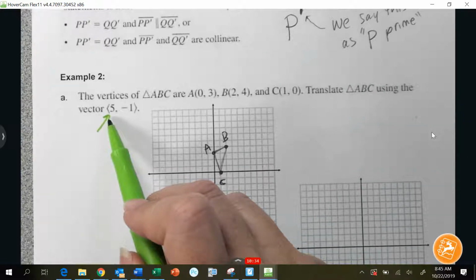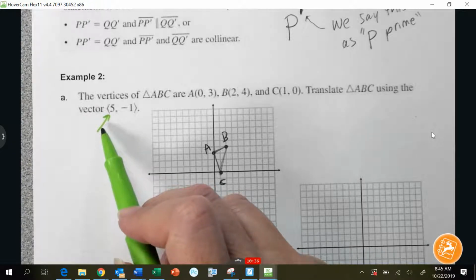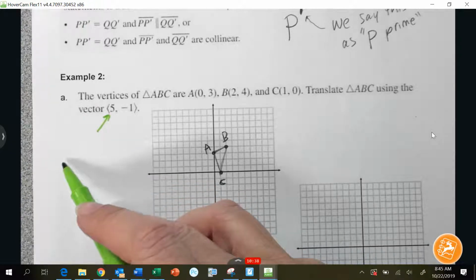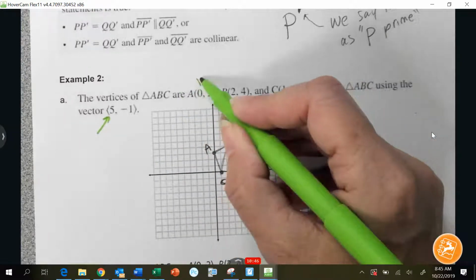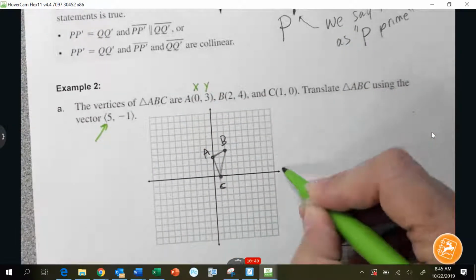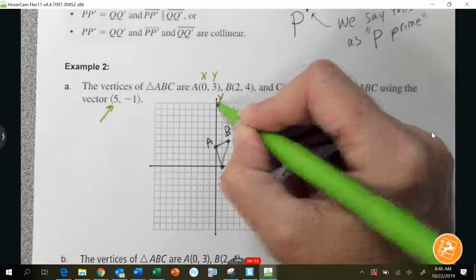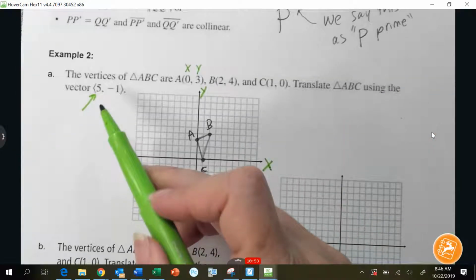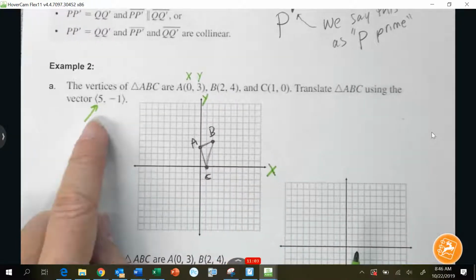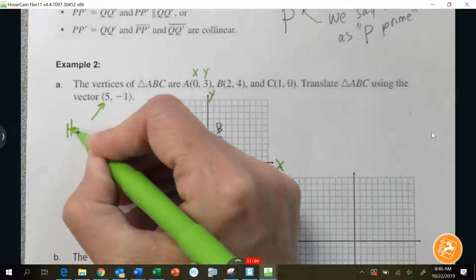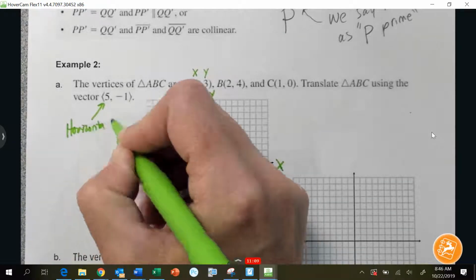Is that horizontal or vertical? You can use intuition. Like when we graph ordered pairs, we always go X and Y. This is our X axis. This is our Y axis. So what do you think comes first? Because X is the horizontal axis, so this is going to be the horizontal component, right? So this is telling us 5.